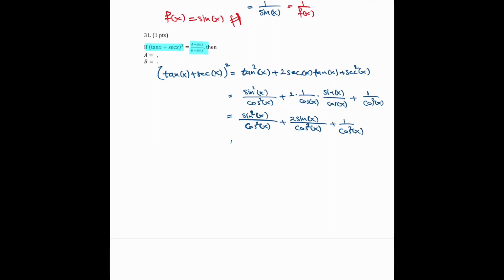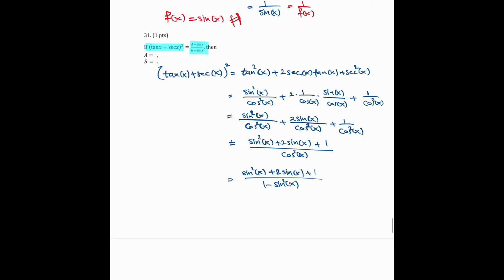Now, I'm going to combine all of these terms over one denominator, so this is equal to sine squared x plus 2 sine x plus 1 over cosine squared x. We know that cosine squared x is equal to 1 minus sine squared x. So sine squared x plus 2 sine x plus 1 over 1 minus sine squared x.